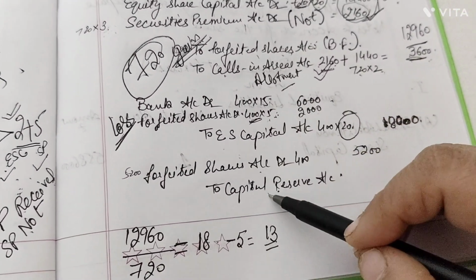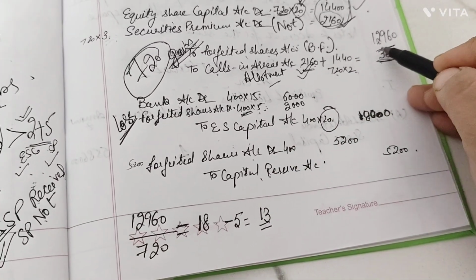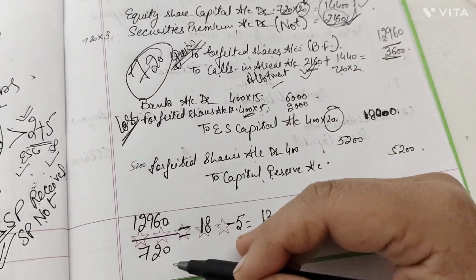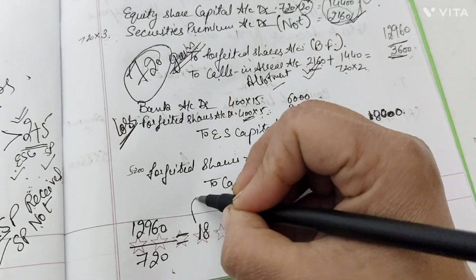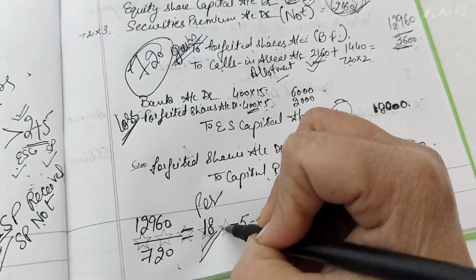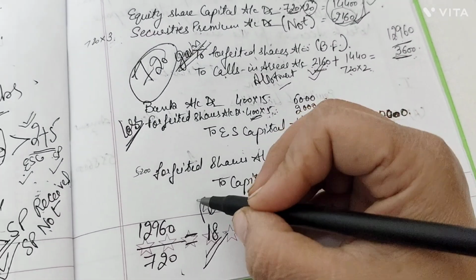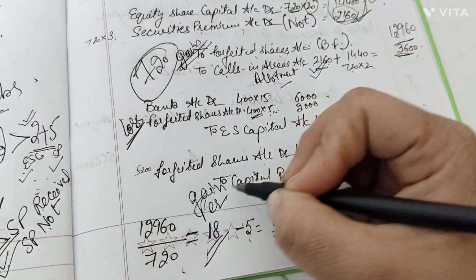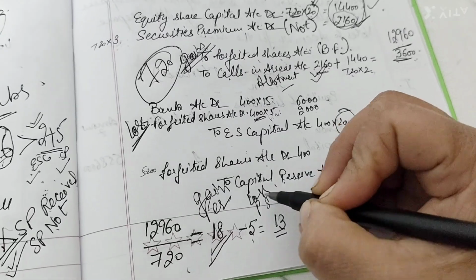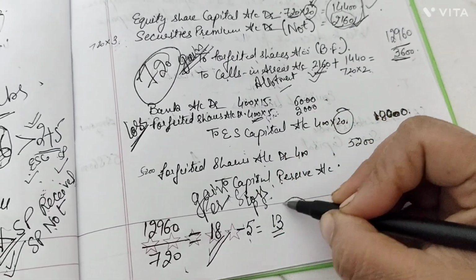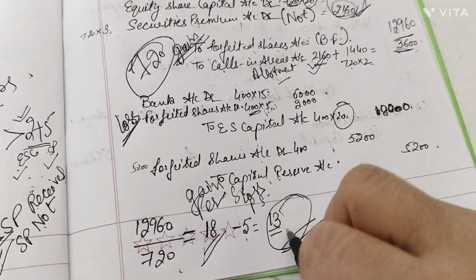So to transfer the capital reserve profit, this 12,960 rupees was the gain on 720 shares, right? So how much was gain per share? Per share gain was 18 and per share loss, on which they were reissued, was 5 rupees, right? So the value of actual gain to be transferred to capital reserve account is 13 rupees, right?